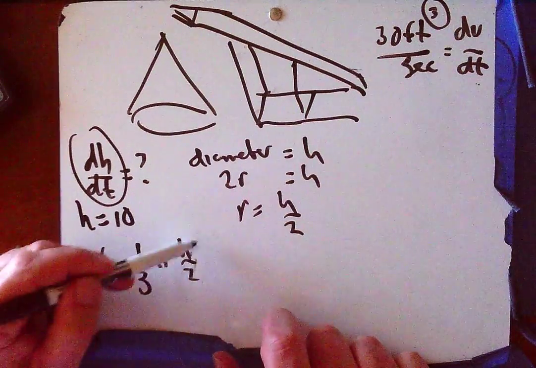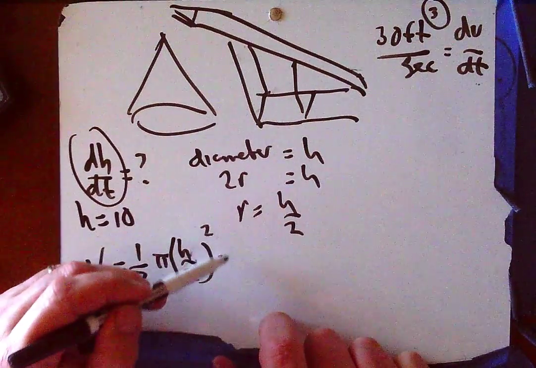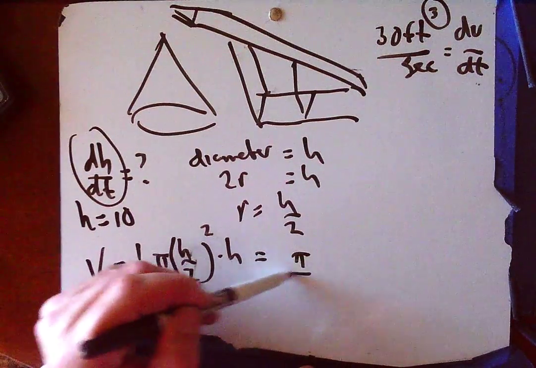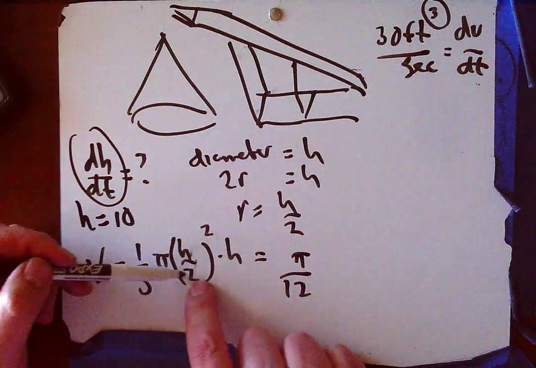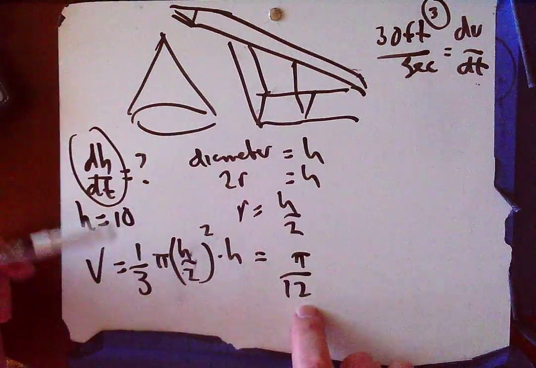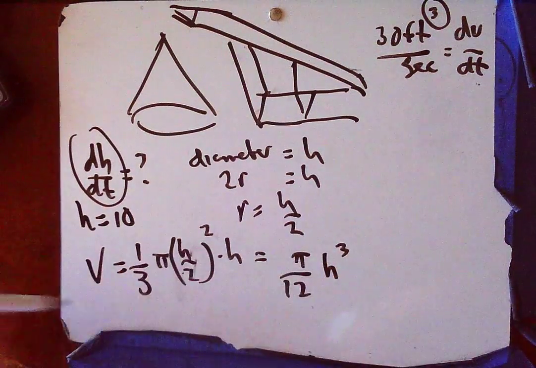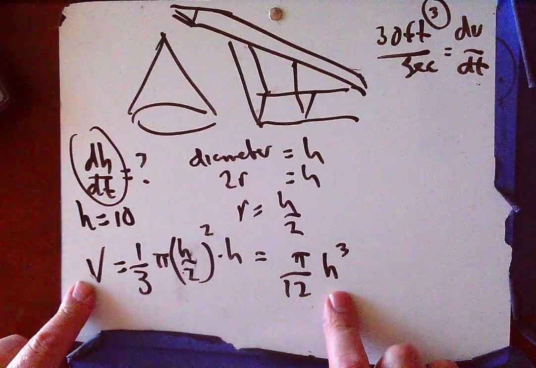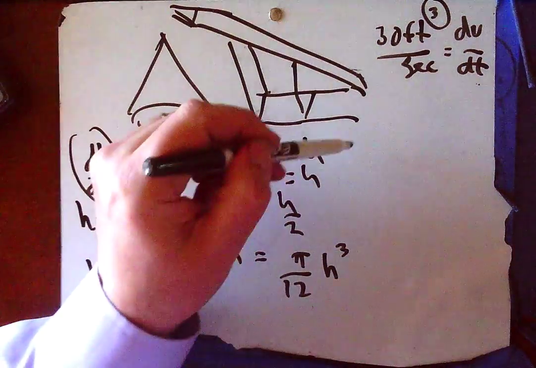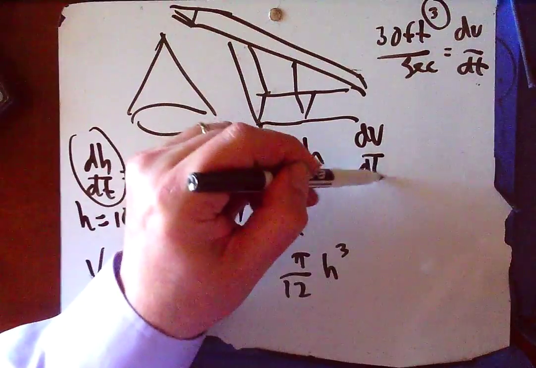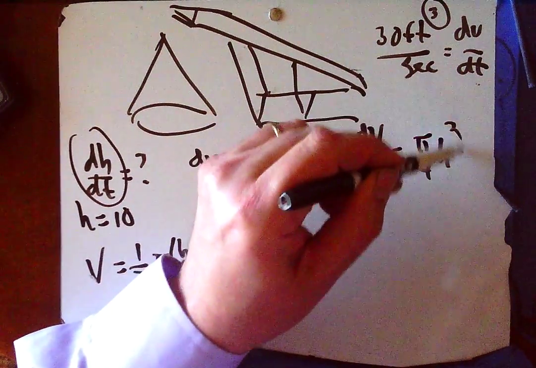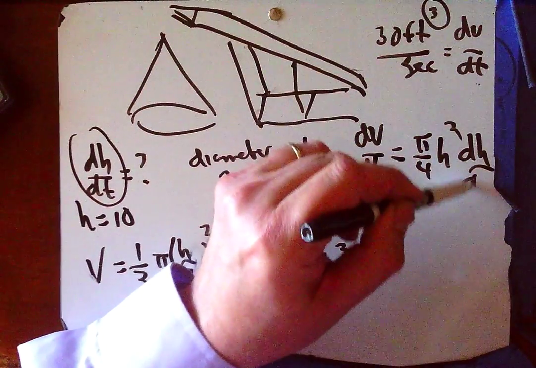Don't forget it's being squared, times height. So we're going to end up with pi over 12, because 2 squared is 4, and 4 times 3 is 12, h to the third. There's volume in terms of height. Now let's take the derivative of both sides with respect to time. So we'll have dV/dt equals pi over 4 h squared dh/dt.